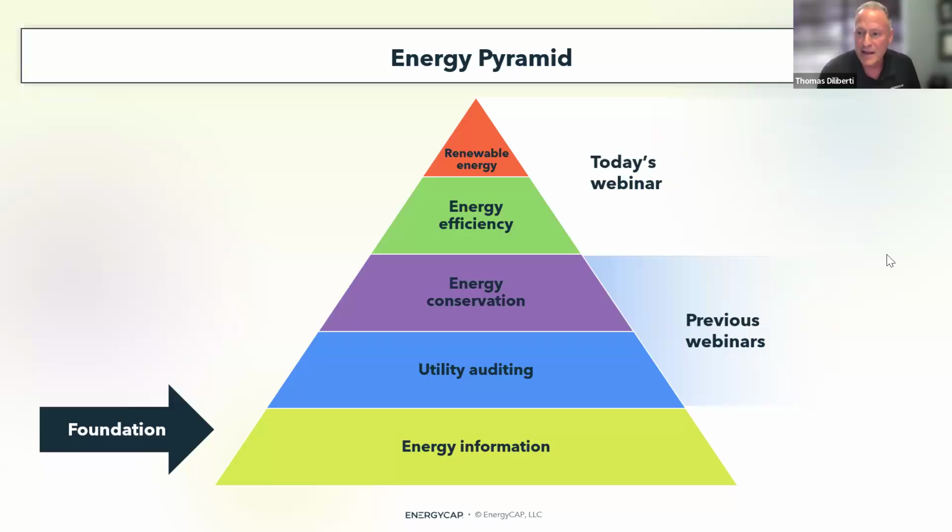And when you're ready, then start to focus on your facilities by doing projects that increase energy efficiency. And you might find it surprising at the top of the pyramid is renewable energy. Some people are excited to get to the top of the pyramid, but you'll see in the next couple of slides why I think you have to be patient and blend that into your process when the timing is right and not just jump to the top of the pyramid.